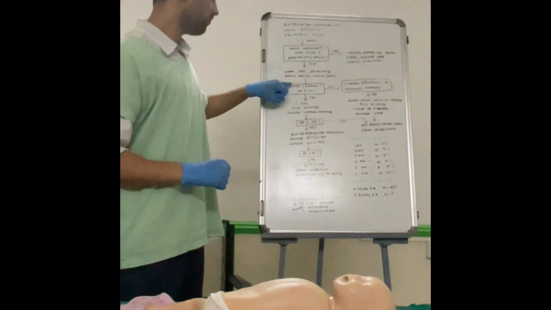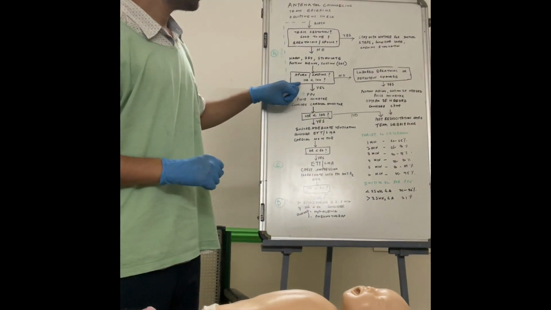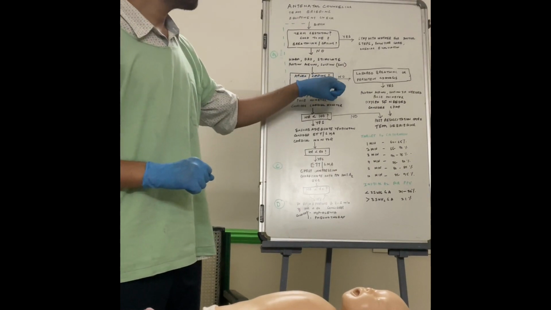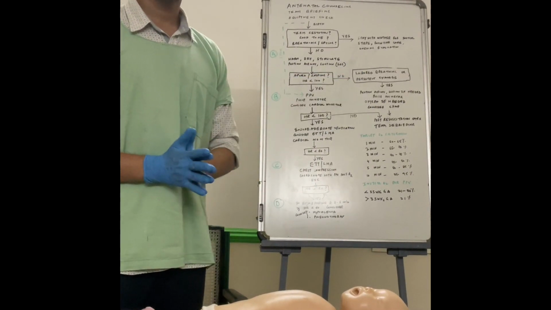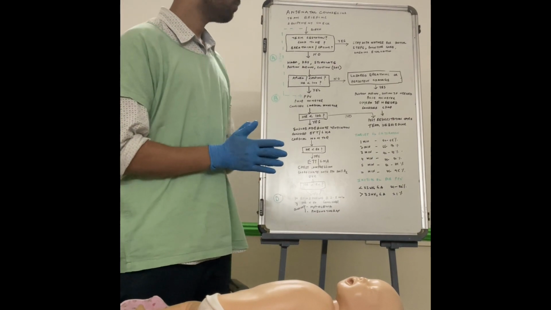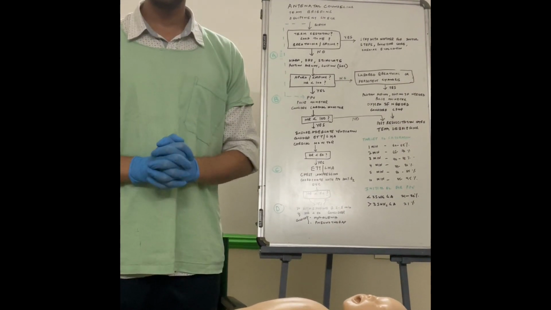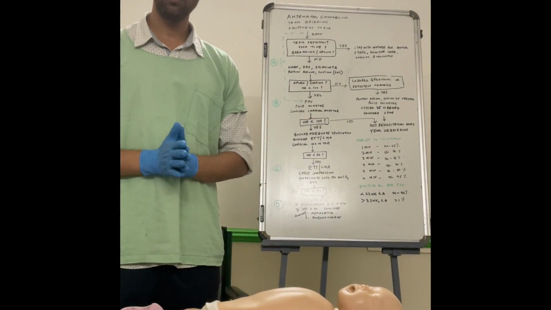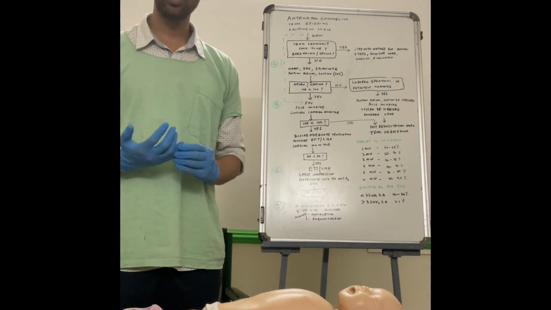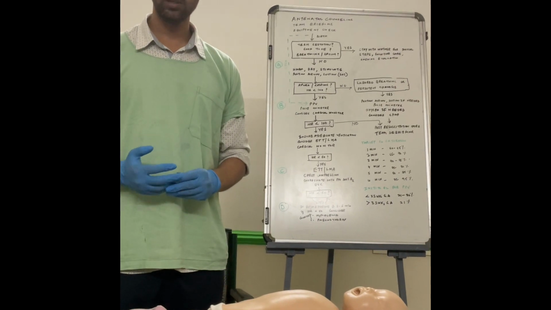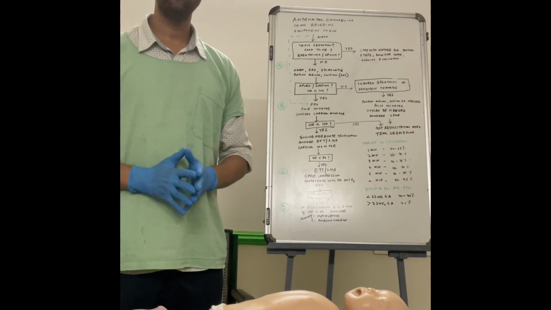So after seeing whether apnea or gasping is there, or heart rate is less than 100, you have to check whether labored breathing or persistent cyanosis is there. For labored breathing, you have to look for retraction, grunting or nasal flaring.